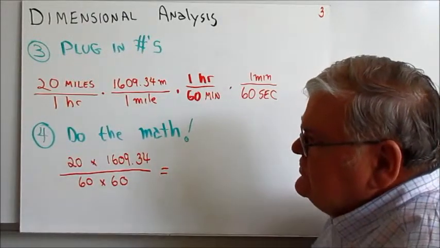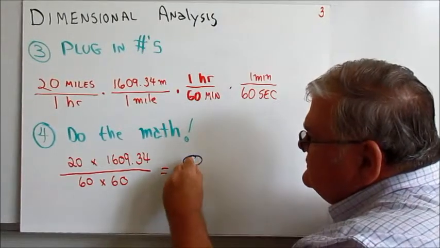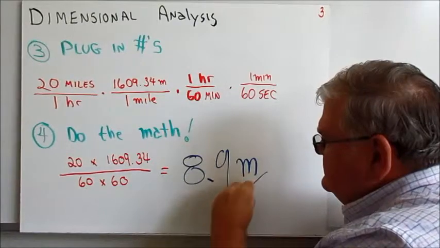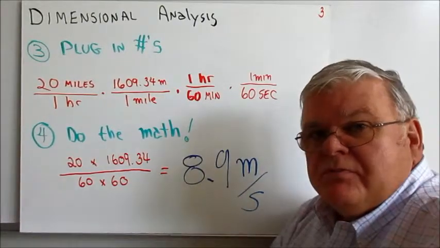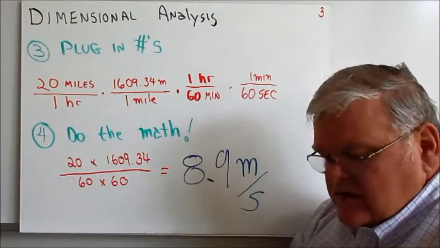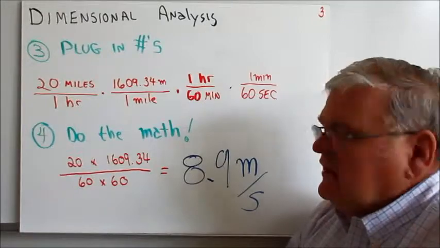Plug it in, do the math. Your final answer comes out .9 meters per second. That's how you do dimensional analysis. Go from one set of numbers, conversions, to another.